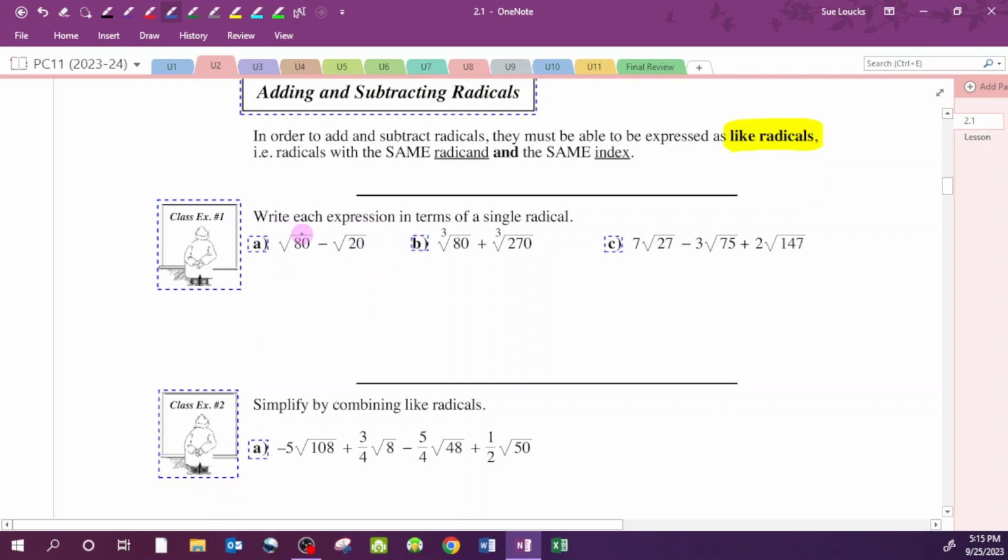So 80, that is going to be 16 times 5, so that's 4 root 5, not root 4. That is the danger of doing it this way, if you shortcut it, because I need to take the square root of 16, which is 4. Minus, and 20 is 4 times 5, so this is 2 root 5. So 4 minus 2 is 2 root 5.